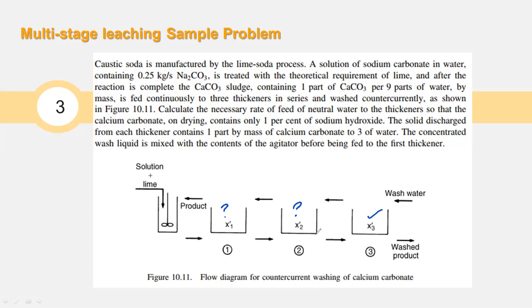That way, if we have representations of these two, it may lead us to the amount of the wash water here, which we're looking for. This is the S prime that we were looking for in this particular problem, the S. So we cannot solve for this S unless you determine the x sub 1 prime and the x sub 2 prime.